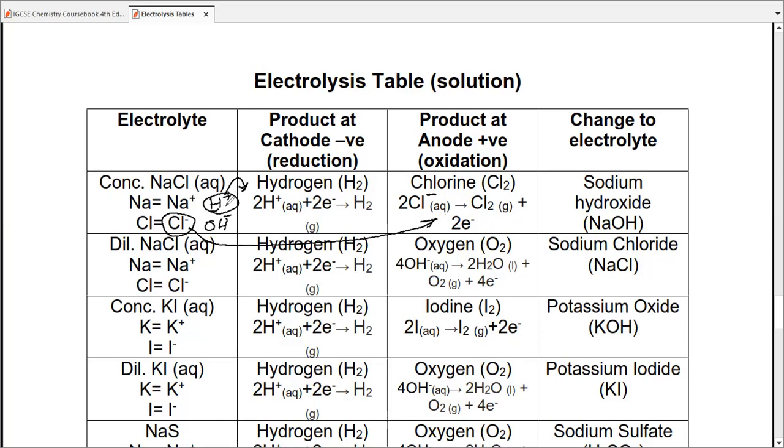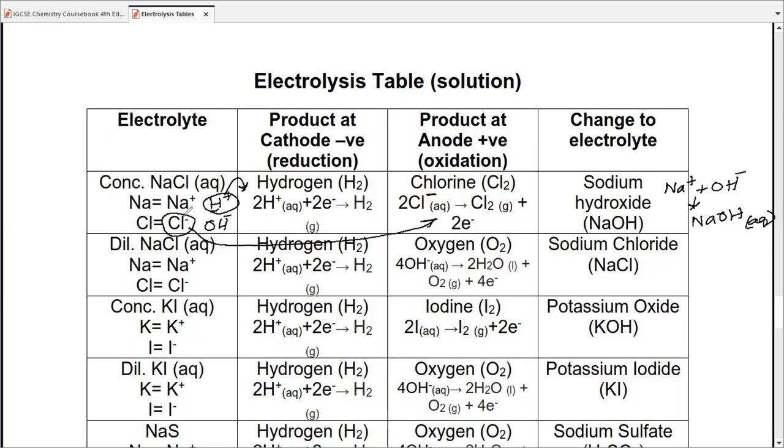Since we are left with Na positive and OH negative, what's not written over here is that this Na positive and this OH negative ions will react to form NaOH aqueous solution. That's how we come up with a change to electrolyte. That's how we can say we formed sodium hydroxide at the change to electrolyte.